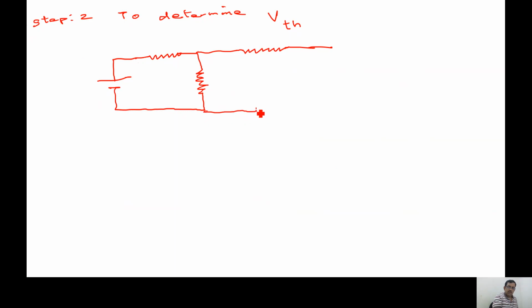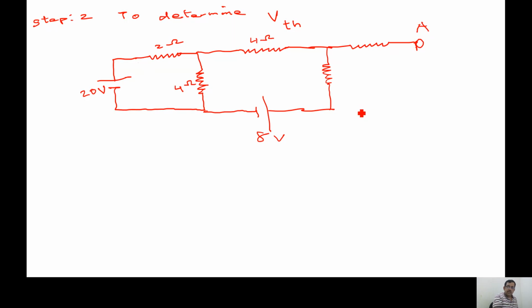There is a source here, which is 8 volt. This is 20 volt. This is 2 ohm. This is 4 ohm. This is 4 ohm. Then there is something like this, another resistor that comes here. And then this is my open terminal A. And then there is a source here.